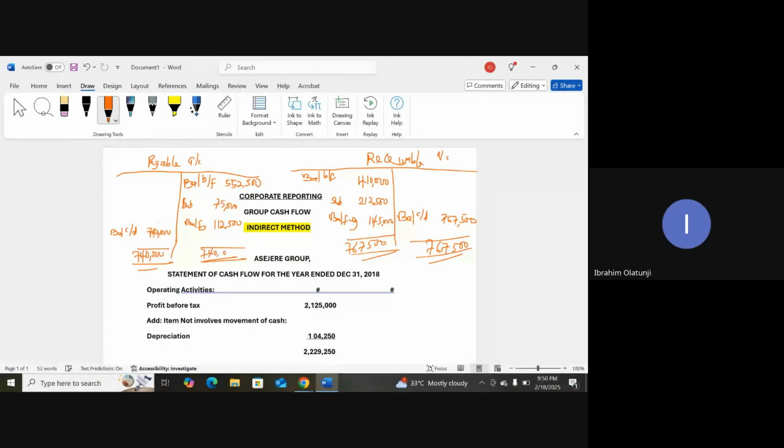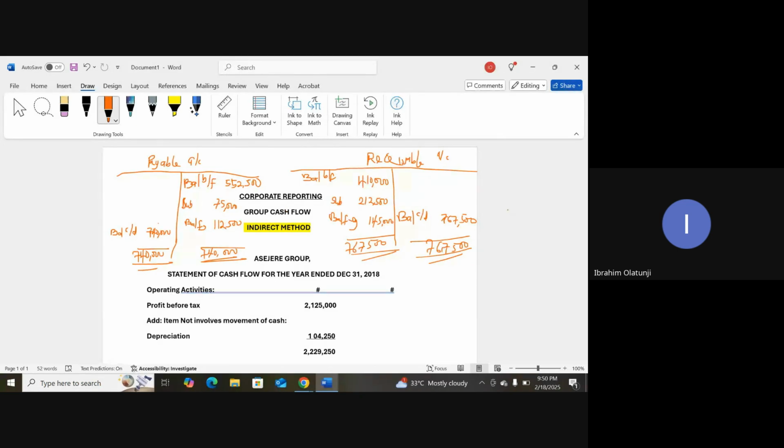So what this implies is that your closing balance is 740,000. Payables are those that you are owing; your company is owing them. In 2018, your company is owing 740,000, whereas in 2017, it is not up to that. Automatically, there's an increase in owing by 112,500.